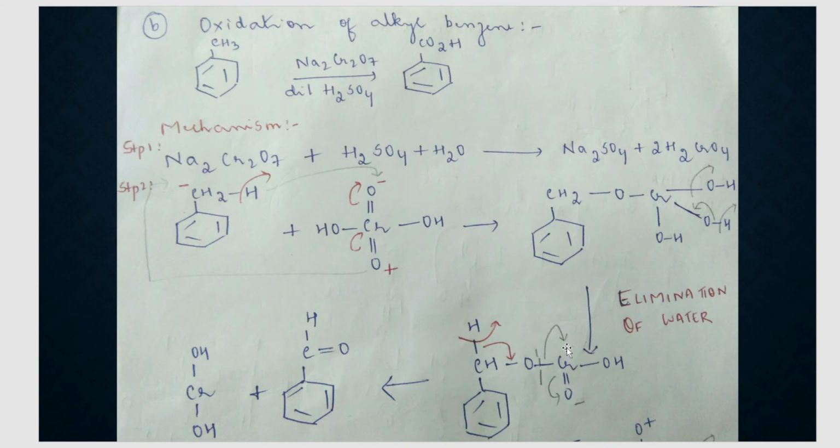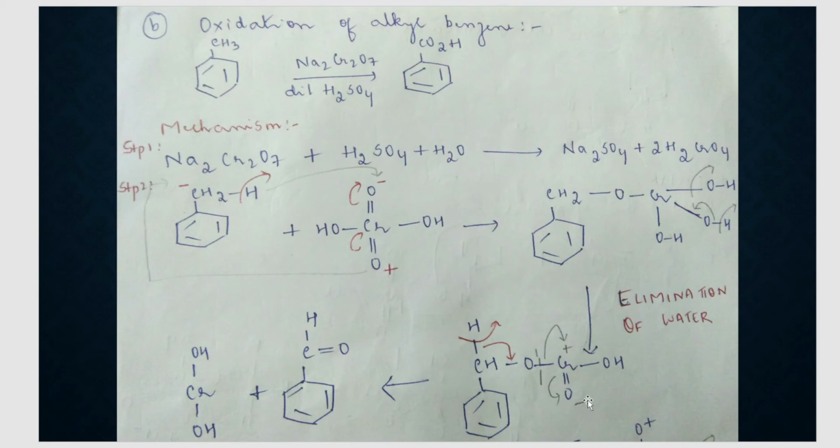First, chromium will not have any charge on itself. I'll tell you why I've written plus here. The plus is because in this step, what has happened? You have double bond O, correct? And this OH is written over here, don't get confused, and this double bond O is written over here. Now what happens? This double bond O is there. Once again, one of the pi bonds shifts onto oxygen.